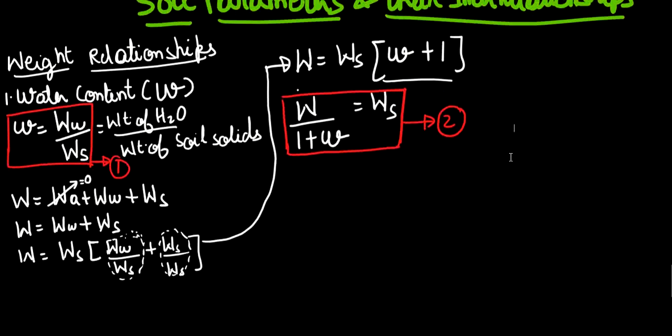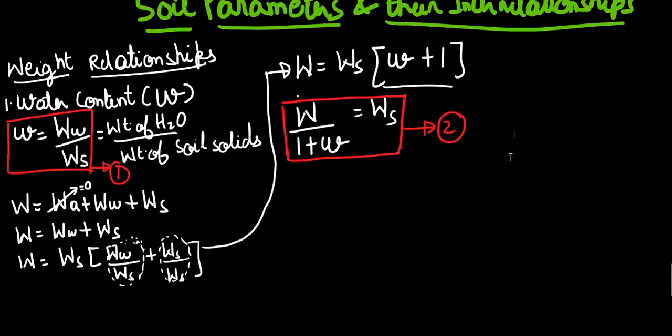Now I can further derive another relation from the formula of water content only. How? I know that water content is nothing but weight of water upon weight of soil solids. Now I can express this weight of water in terms of the unit weight of water. I know that unit weight of any substance is equal to weight upon volume of that substance.